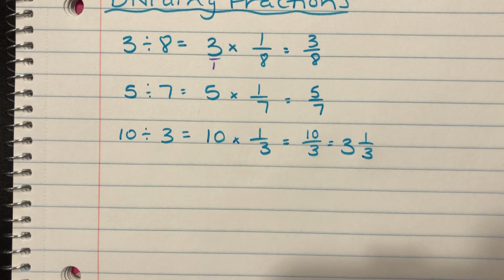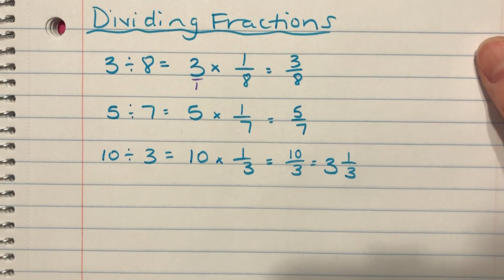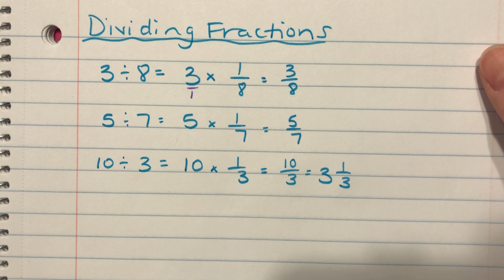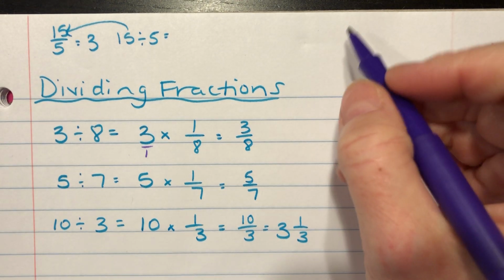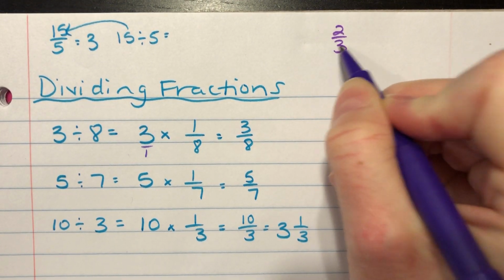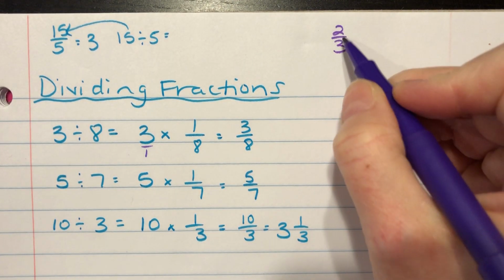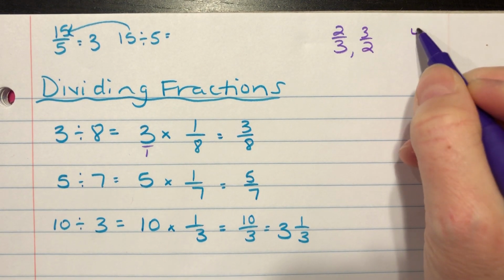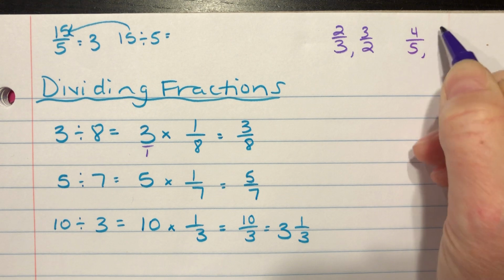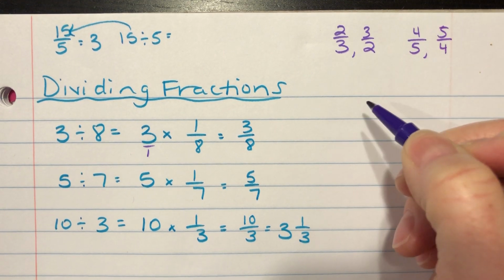Okay, what I want you to notice here involves understanding reciprocals. You don't have to write this, I'm just going to write it up here. The reciprocal of 2/3 would be 3/2. The reciprocal of 4/5 would be 5/4.